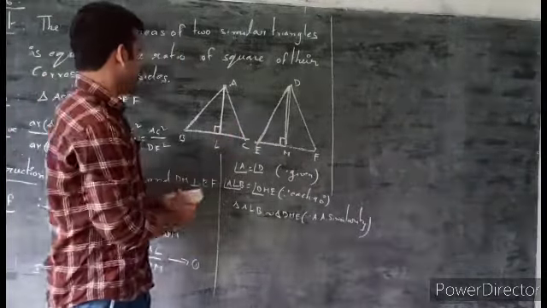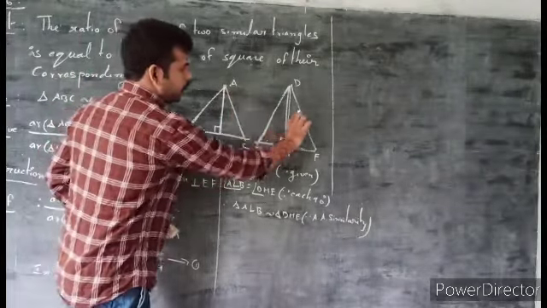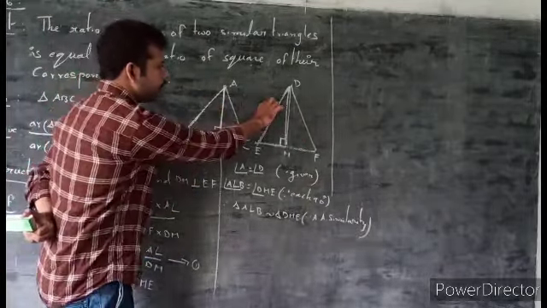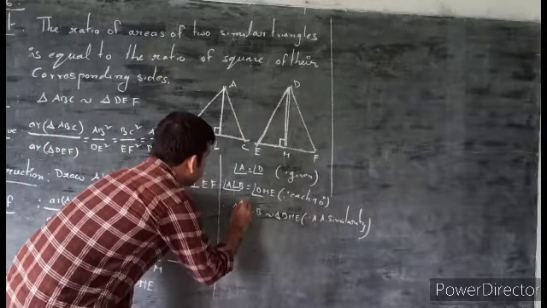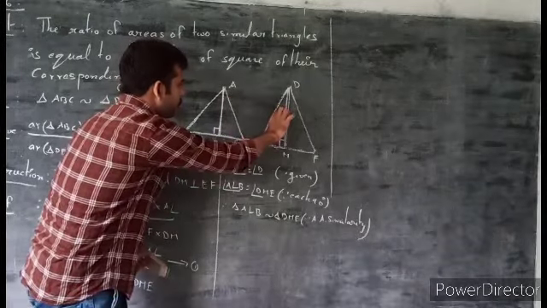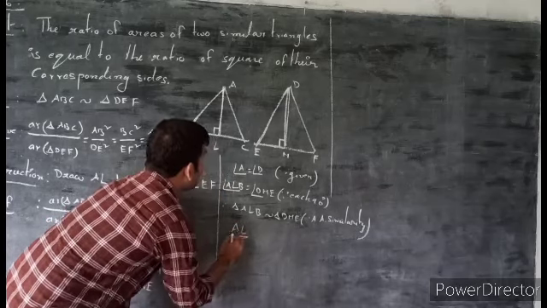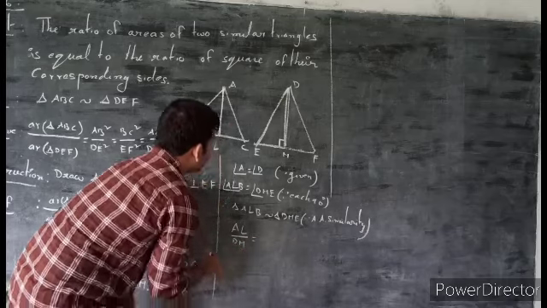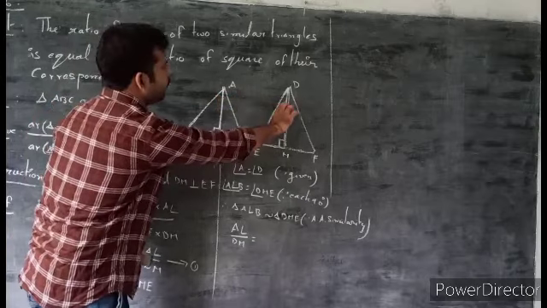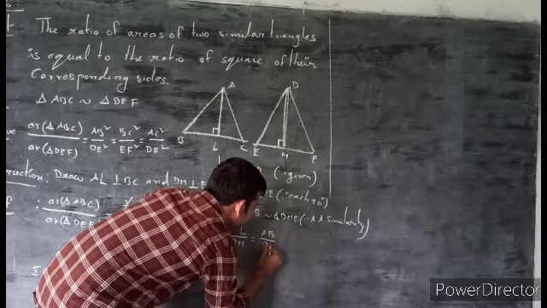The corresponding sides are AB and DE, BC and EF, AC and DF. So AL by DM equals AB by DE.